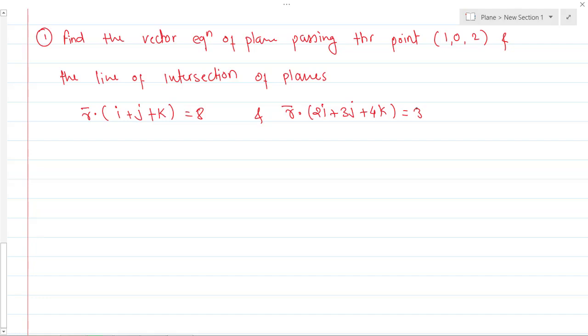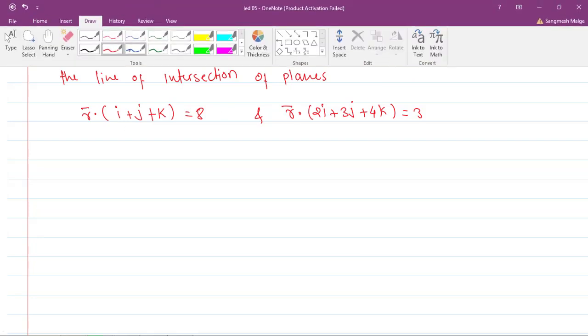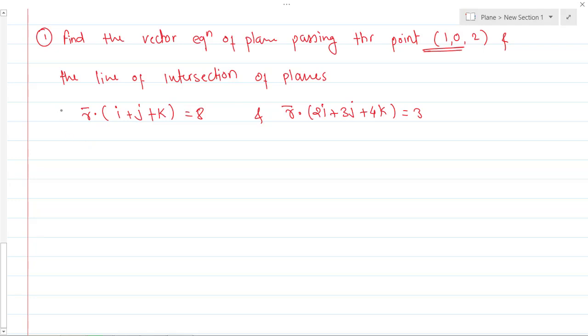We have to find the equation of a plane which is passing through this point and also passing through the intersection of these two planes. This is the plane 1 and this is the plane 2.